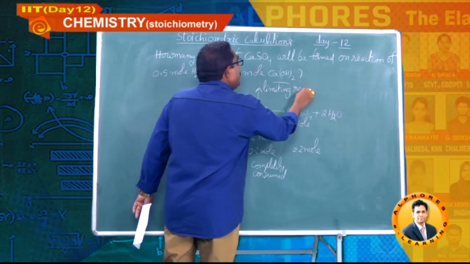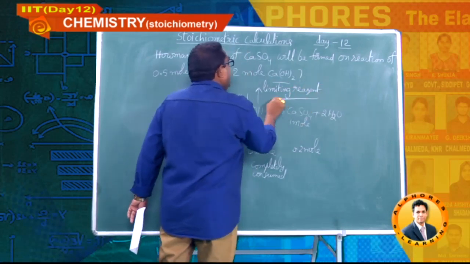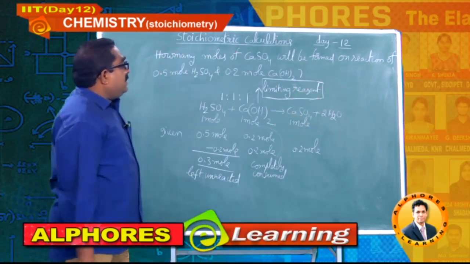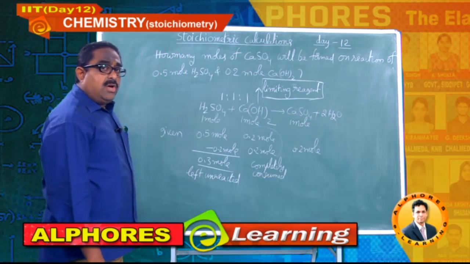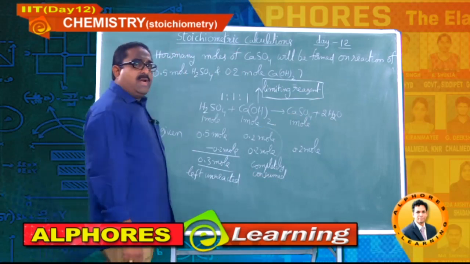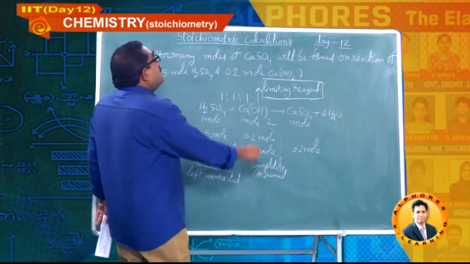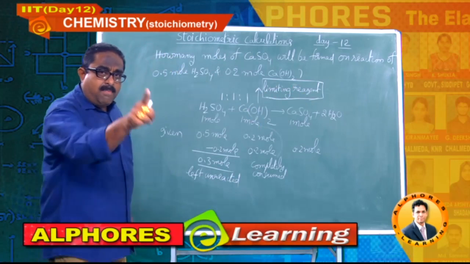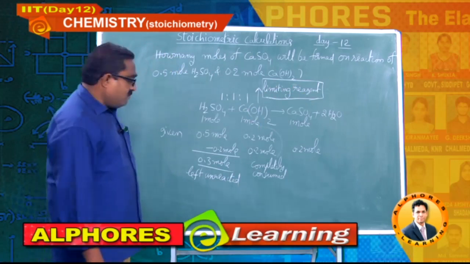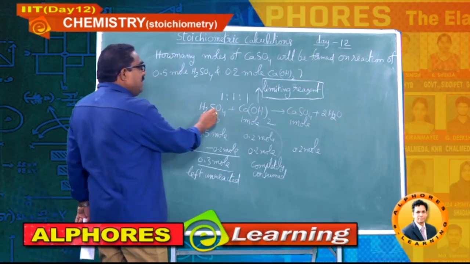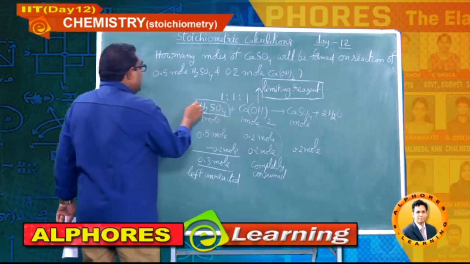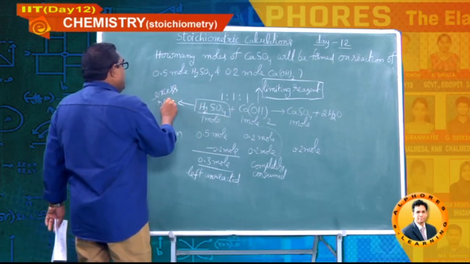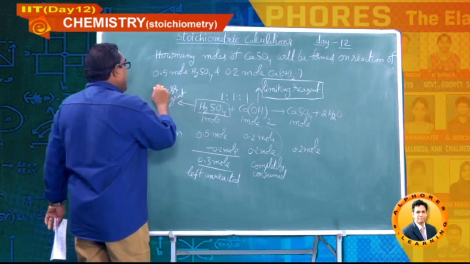I am introducing a new concept, students, very important. The reactant which is going to be completely consumed in the reaction is called the limiting reagent, and the reactant left unreacted even after the reaction is automatically called the excess reagent.